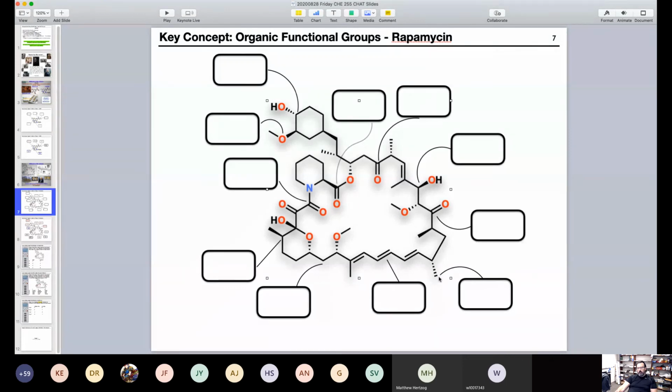Now this is pointing to an sp3 hybridized carbon, so we would call this one what? So it's a methyl group. We could also call it primary.